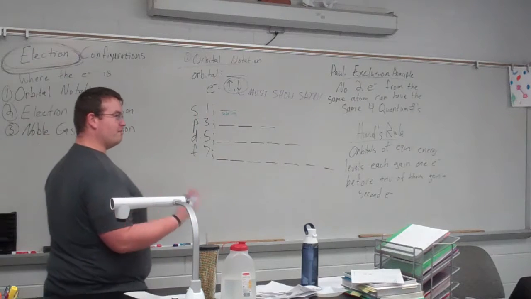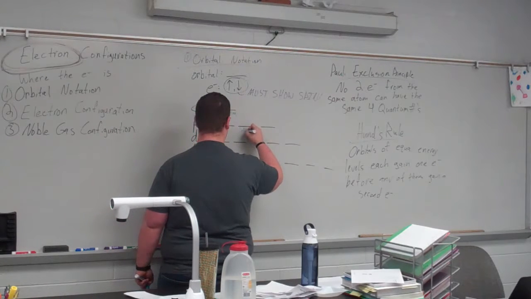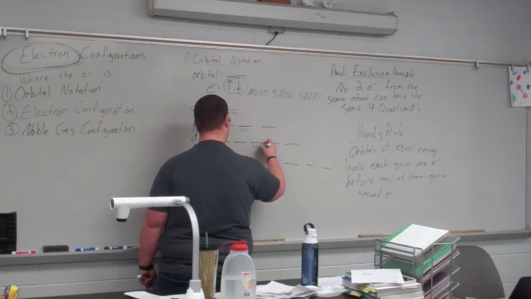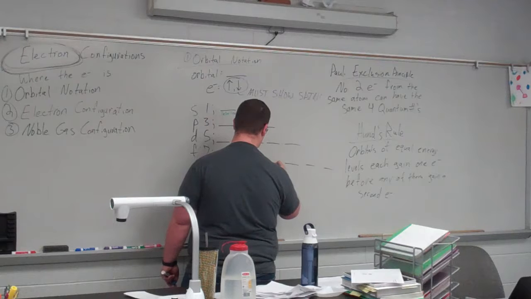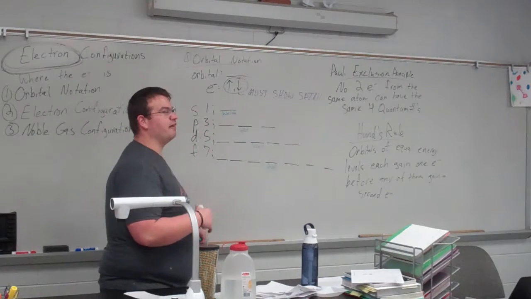For 3, you label in the middle. 5, you label it in the middle. For F, you label in the middle. That right there is where you're going to label to identify what these are.